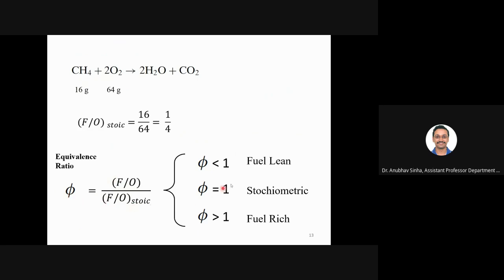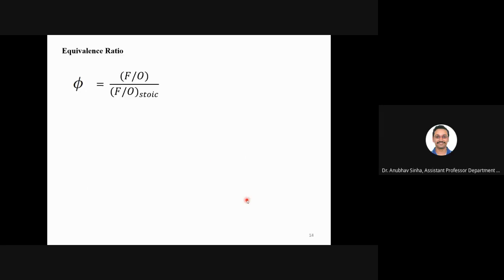If the equivalence ratio is less than 1 it is fuel lean, more than 1 it is fuel rich, and equal to 1 means it is stoichiometric. Is this clear to everyone? Yes, sir.